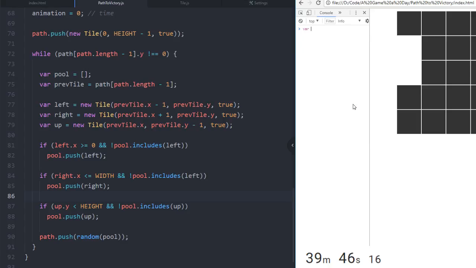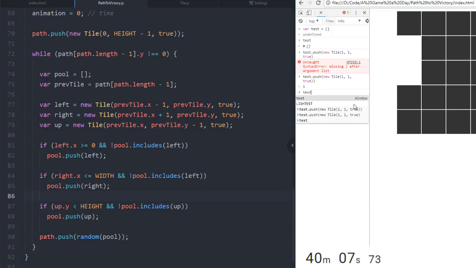Var test equals an array. Test push new tile 1 1 true. Oh, my bad. Test.